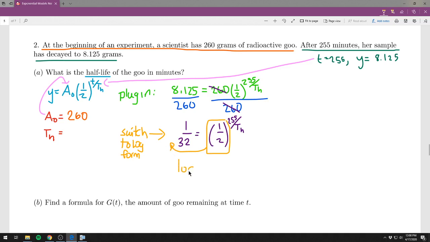We get log with a base of 1/2 of 1 over 32 equals 255 over the half-life. And we've talked about simplifying this a few times in our calculator. We can do ln of 1 over 32 divided by ln of 1/2, that change of base formula.